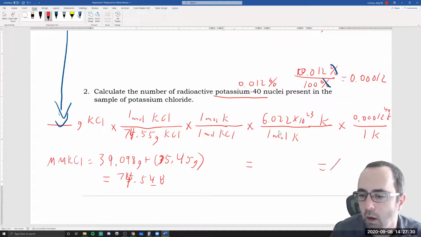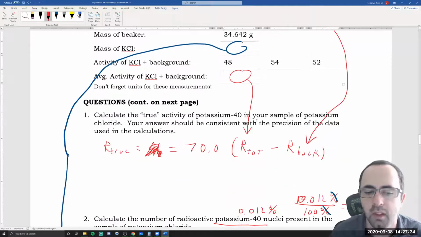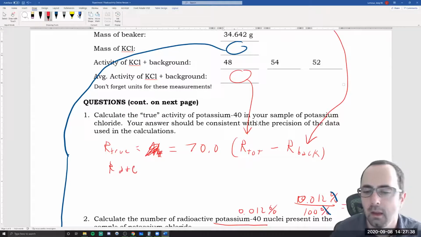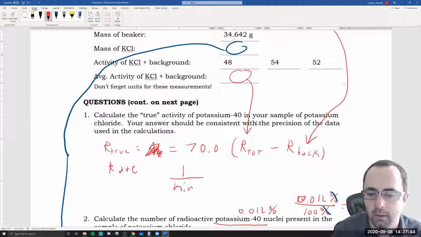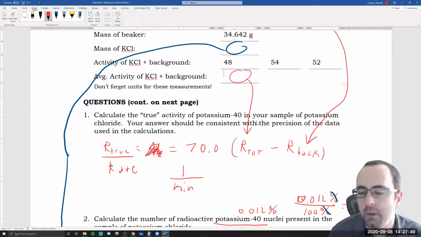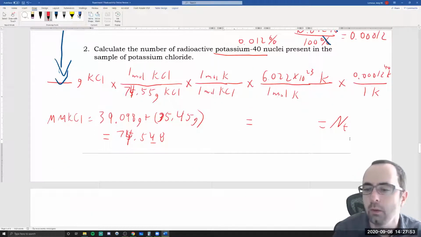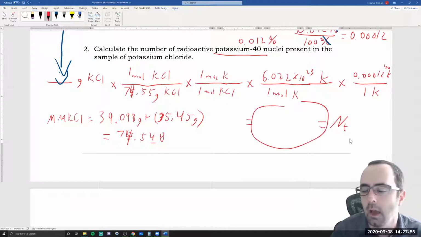This is going to be our number of radioactive molecules. This is our rate, in counts per minute, so 1/minutes. Sorry about that. R true is the rate here. And the NT represents how many radioactive atoms we have.